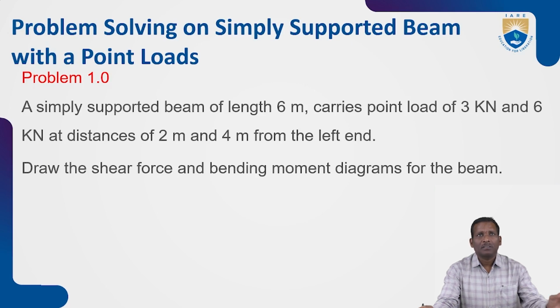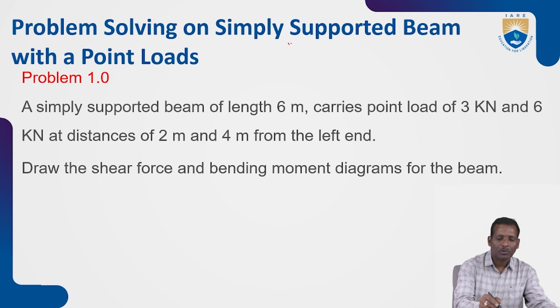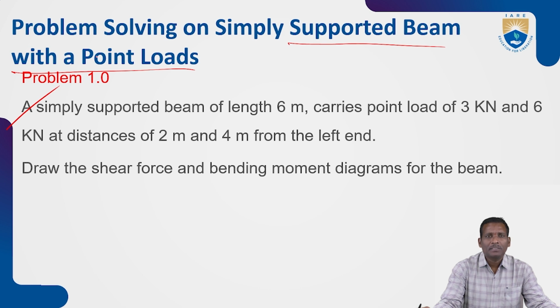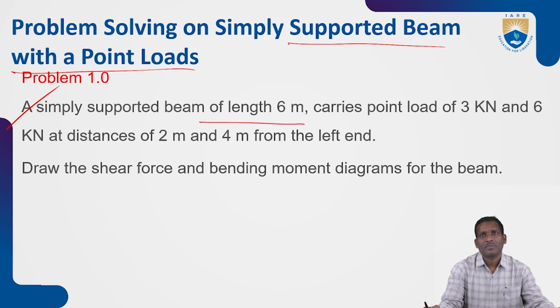We'll see first one problem with the point loads. The problem solving on simply supported beam with point loads. The given problem is a simply supported beam of length 6 meters. The length of the beam is 6 meters.